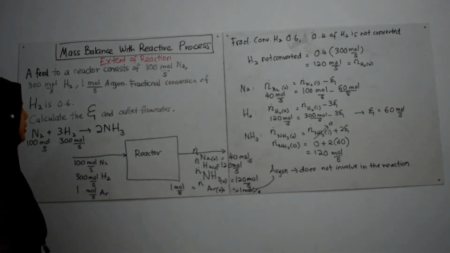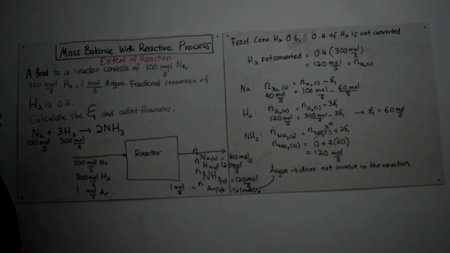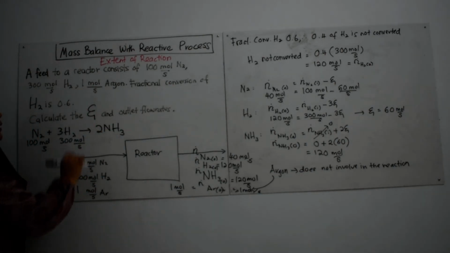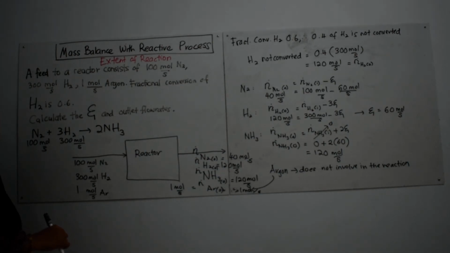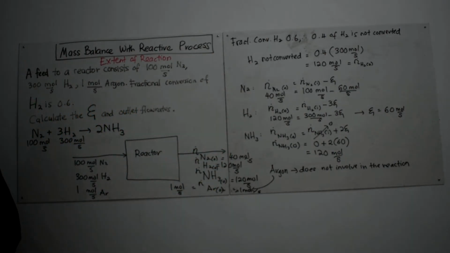The first thing you have to do is determine your extent of reaction, and it can be obtained if you have enough information to start your calculation. I hope you understand how to use this extent of reaction, but don't worry, we will do some tutorials to get ourselves familiarized with it.